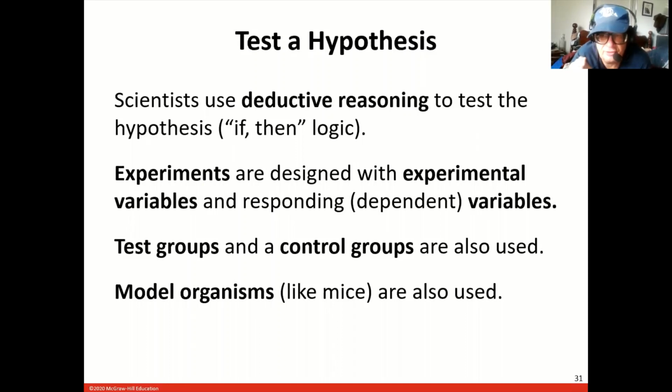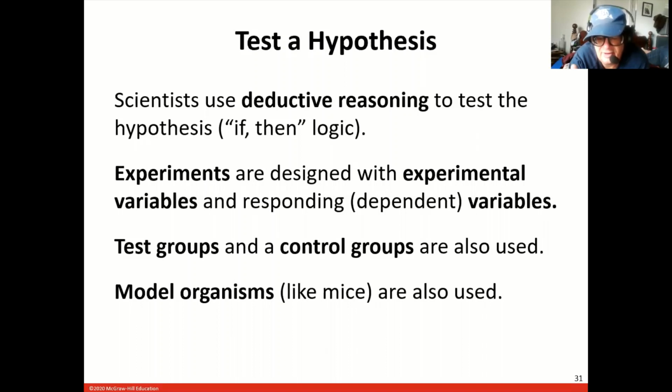But if you don't have a control group, then you don't know if something else is killing the fish. Maybe you have bad oxygen saturation in the water, not enough oxygen. Maybe your water's not clean enough. Maybe you're just bad at keeping fish.